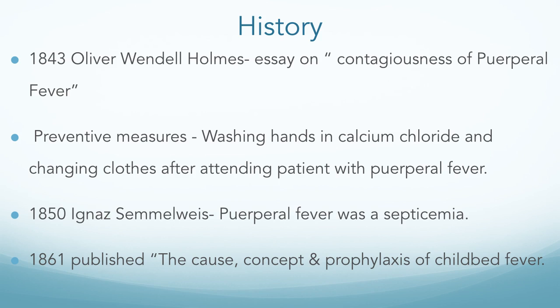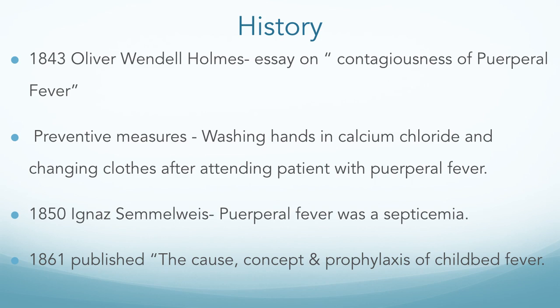In the second ward, where midwives received instructions, much greater attention was paid to cleanliness, and therefore the puerperal fever rate was very low. This observation, as well as other pieces of evidence, convinced Semmelweis that puerperal fever was a septicemia.